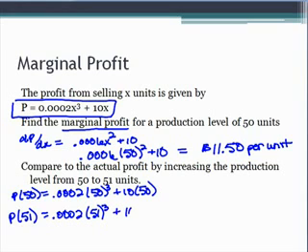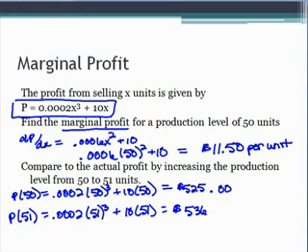And if you calculate both of those, you should get $525 here, and you should get $536.53 here. And so the additional profit from going from 50 to 51 is the difference of those two. So it looks like it's 11.53.